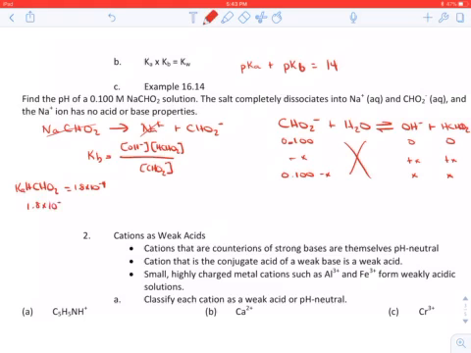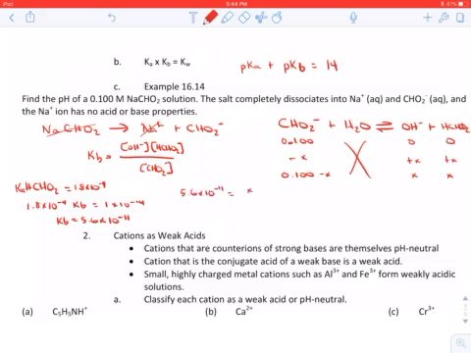So what if I say 1.8 times 10 to the negative 4th times Kb, which is what we're looking for, is equal to 1 times 10 to the negative 14th. Our Kb would hopefully come out to be 5.6 times 10 to the negative 11th, if we plug that into our calculator. So now we're ready to just plug this in and roll.